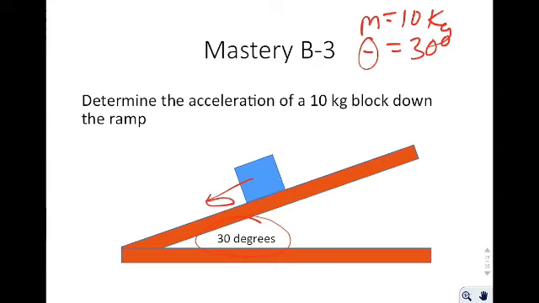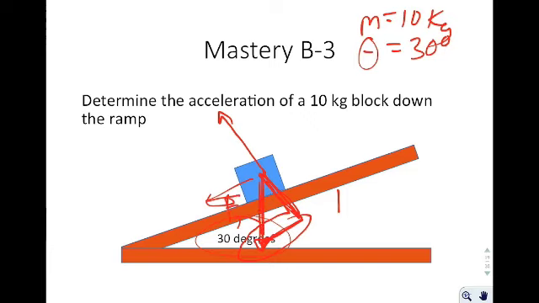So if we're going to look at this, I have a force down here and I have a force up here, and that results in a triangle, where you have a net force acting down the ramp. Here is my weight.